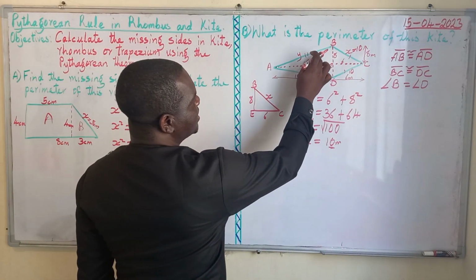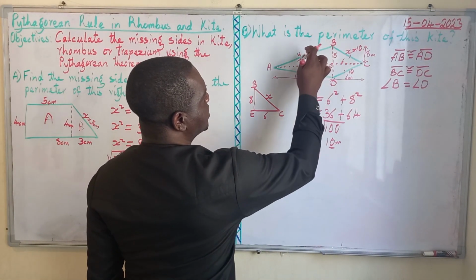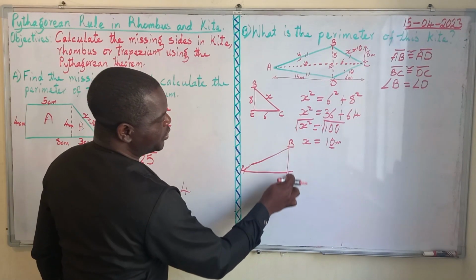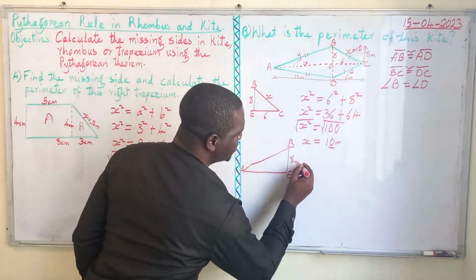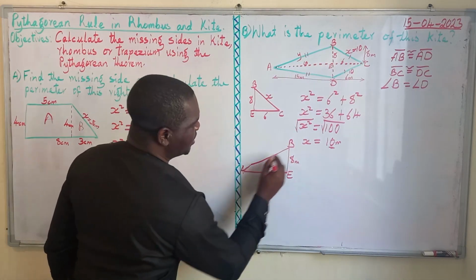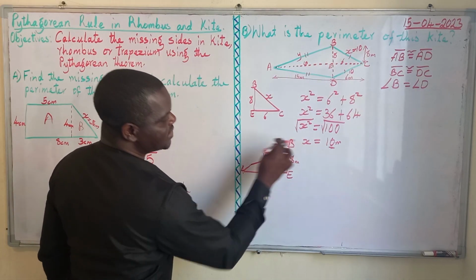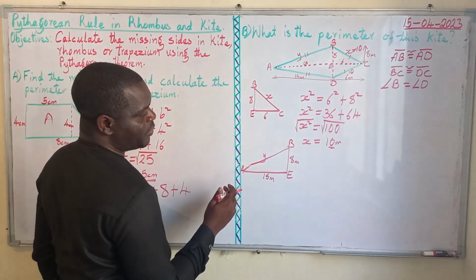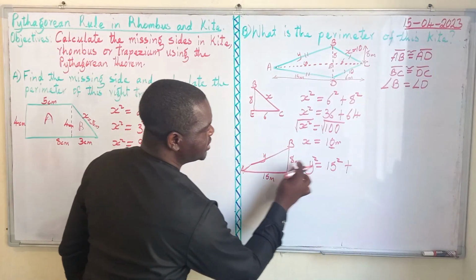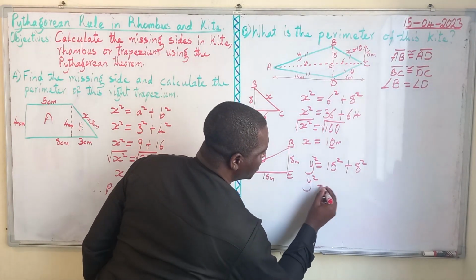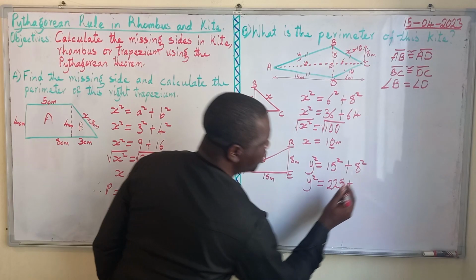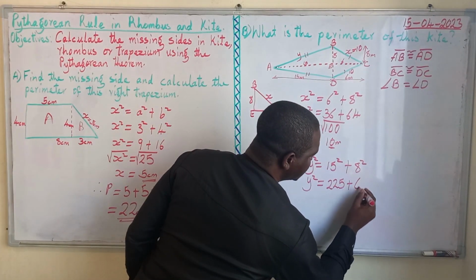Let's extract the triangle AEB and solve for the hypotenuse as well. Triangle ABE, we already know this side, which is 8 meters. The base, we already have it here as 15 meters. And our concern is y, which is the hypotenuse. So we're going to use the same formula here. Y squared is equal to 15 squared plus 8 squared. Y squared is equal to 15 squared is 225 plus 8 squared, which is 64.